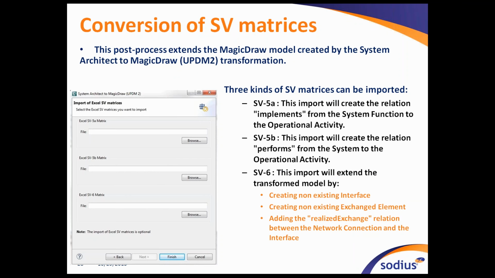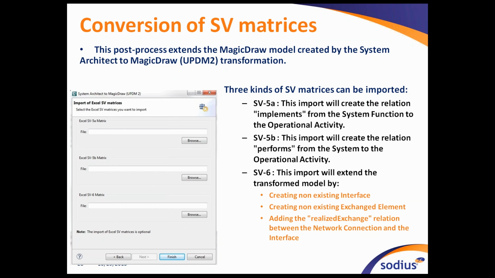The SV5B will create a performed relation from the system to the operational activity. Of course, I said it will create it if it is not already created by the transformation, because a perform relation from a system to an operational activity is normally taken into account by our transformation.